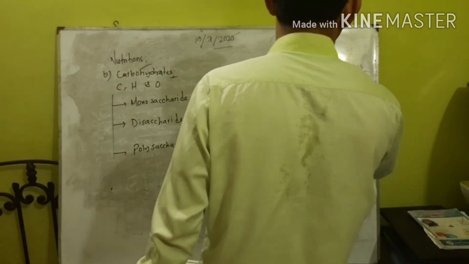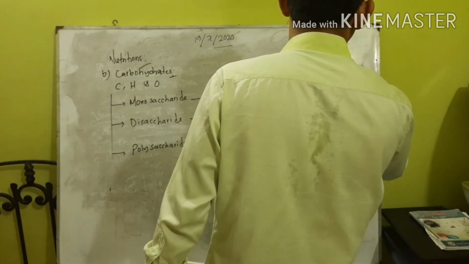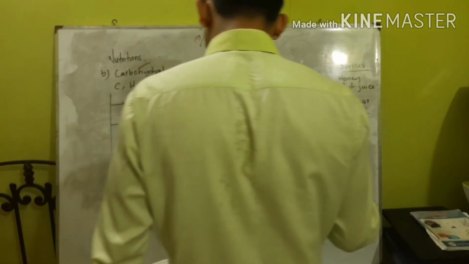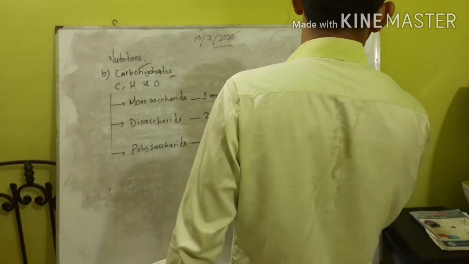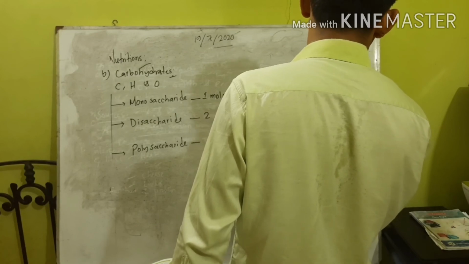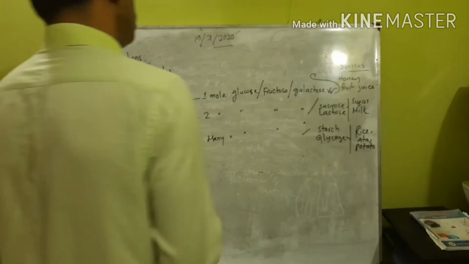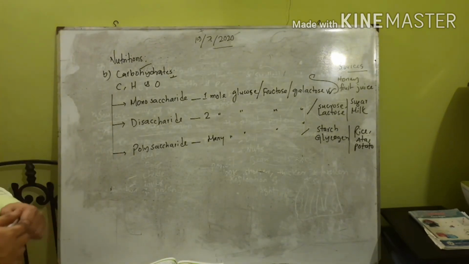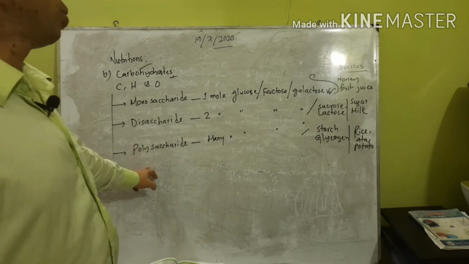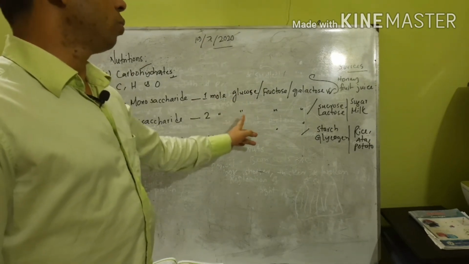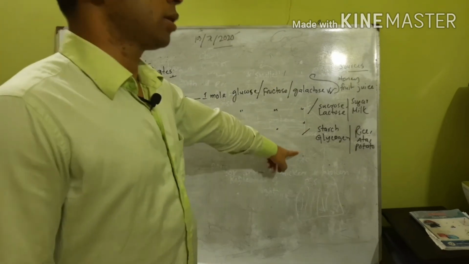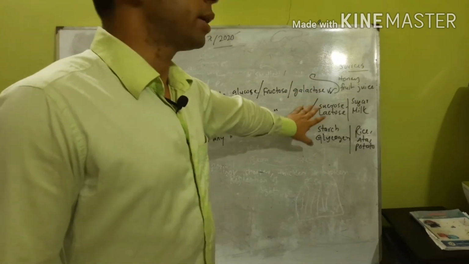Sugar and milk. These are the sources: sugar, milk, rice, atta or wheat. We can write potato. These are the sources. So look here. Very first, the types of carbohydrate: monosaccharide, disaccharide, polysaccharide; one molecule, two molecules, many molecules; glucose, fructose, galactose; especially sucrose, lactose, starch, glycogen.